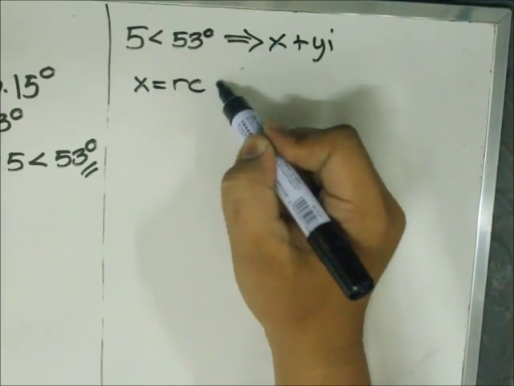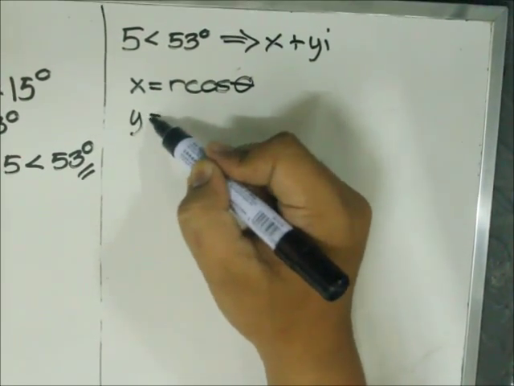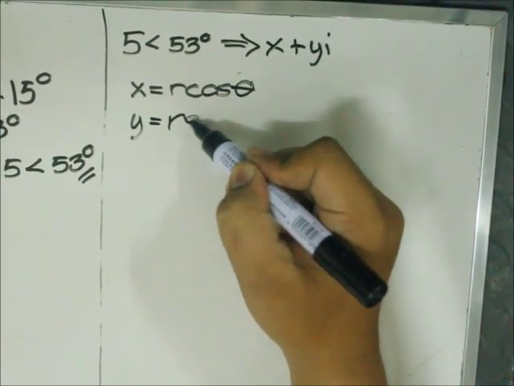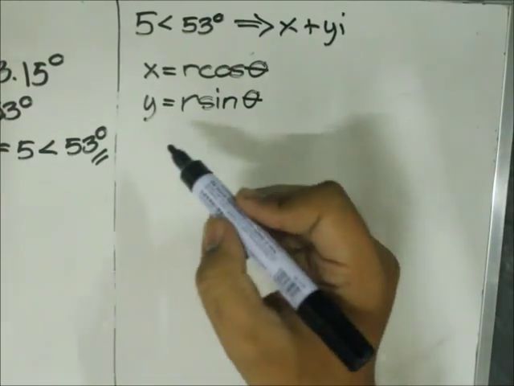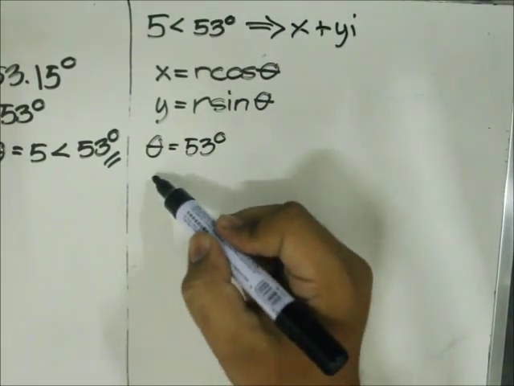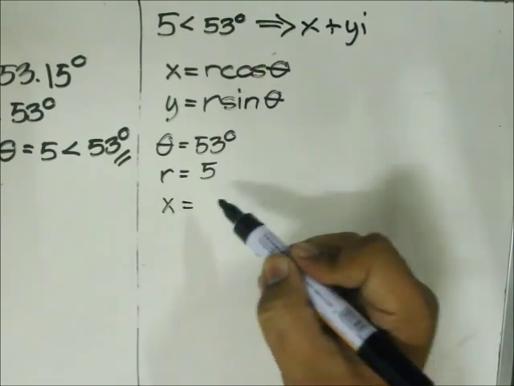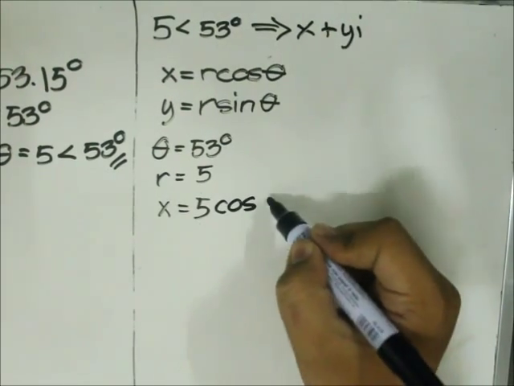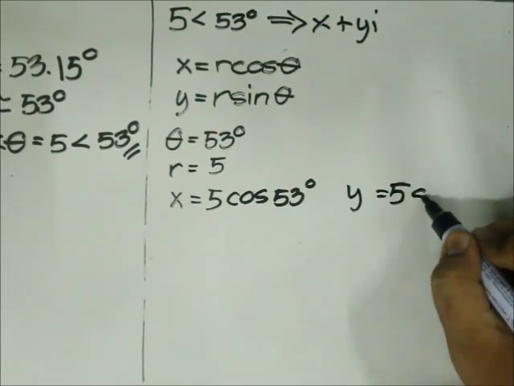We just have to recall that x is equal to r cosine of theta and y is equal to r sine of theta, and substitute the values of r and theta, which are 5 and 53 degrees, from the given 5 cis 53 degrees. Substituting the values of r and theta, we have x is equal to 5 cosine of 53 degrees and y is equal to 5 sine of 53 degrees.